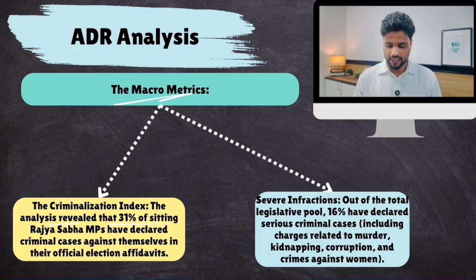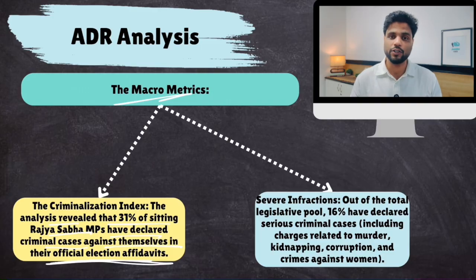The analysis revealed that 31% of sitting Rajya Sabha MPs have declared criminal cases against themselves in their own official election affidavits. You know, when someone has to fight an election, they have to file their nomination. Along with their nomination, they have to file an affidavit disclosing how many criminal cases are pending against them, disclosing what their wealth is, how many financial assets they have.